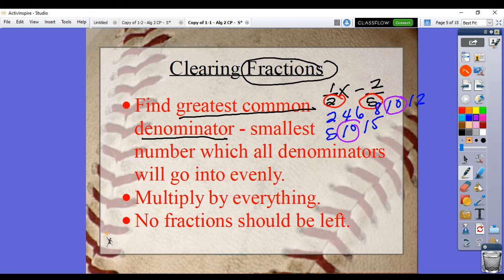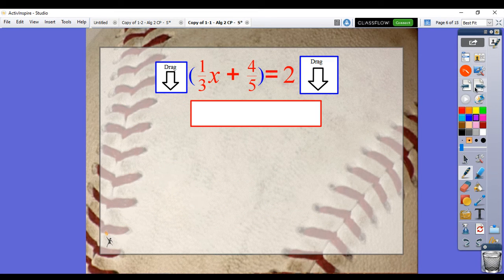And then from there, you will multiply the equation by 10, and there should be no fraction left, which I'll show you in an example in a while. Okay, here I have 1/3 x plus 4/5 is equal to 2. How do we simplify this first?